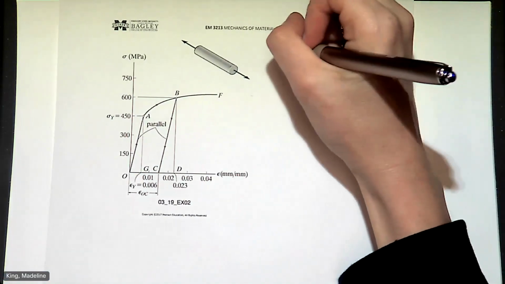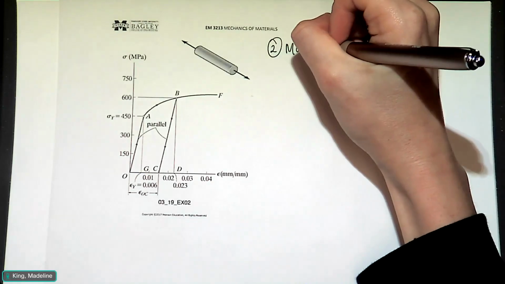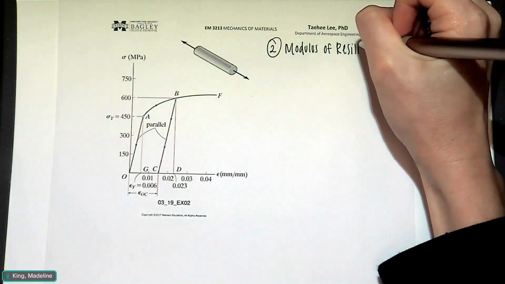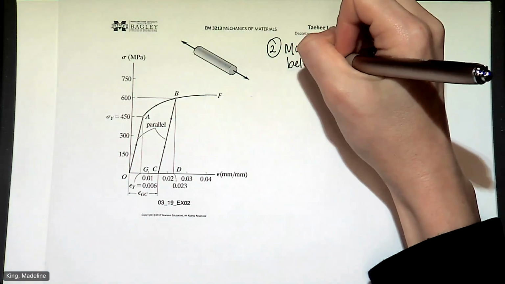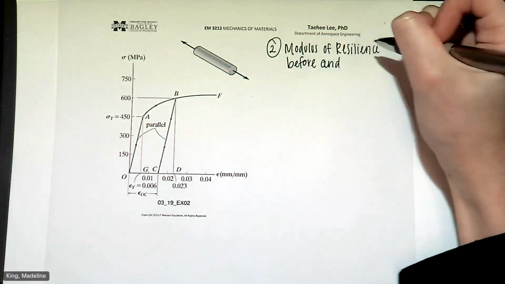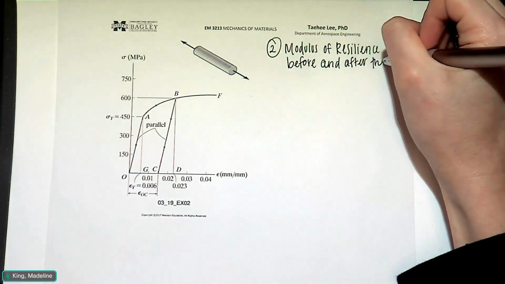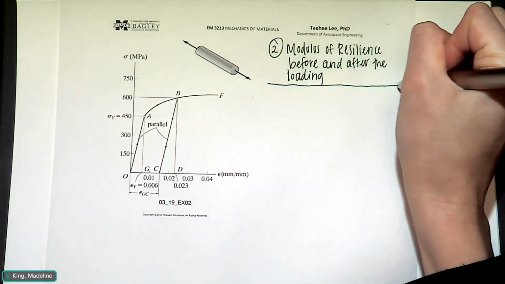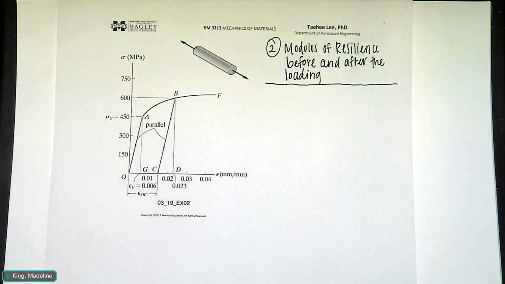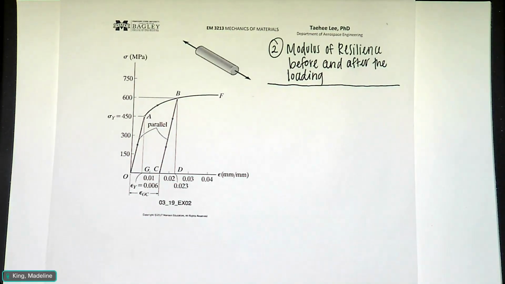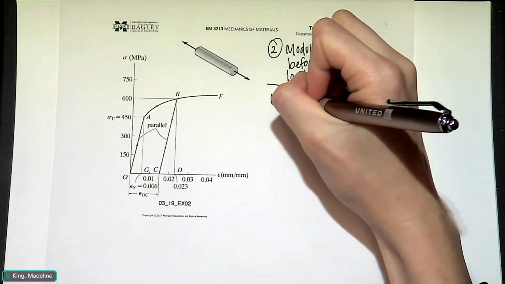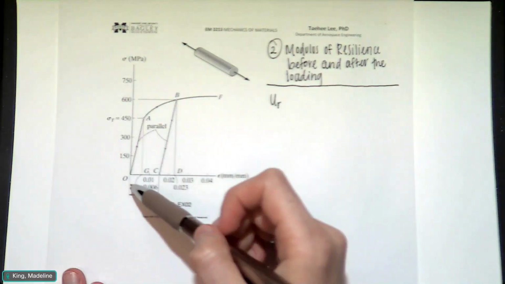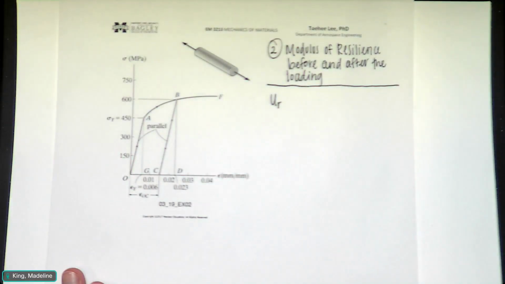So for the second thing we were asked to find was the modulus of resilience before and after the loading. So I think you guys learned modulus of resilience, I think, on Monday. And modulus of resilience is represented by UR. And modulus of resilience is usually found in the elastic region, okay?